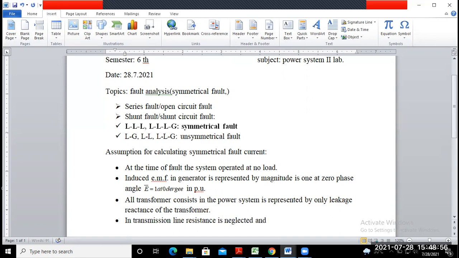Only consider the inductive reactance of the transmission line.